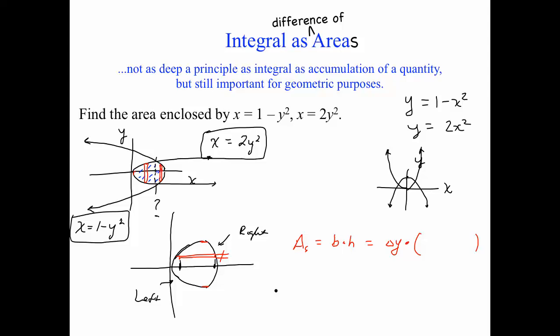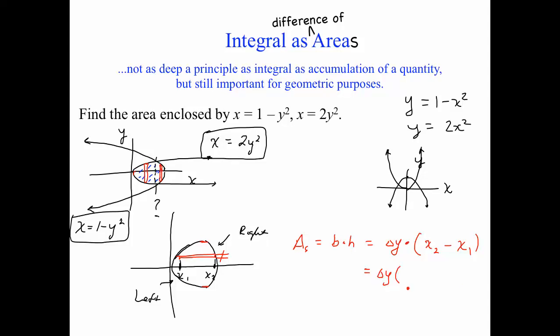What is that distance across, which I'm calling the height of this rectangle? y2 minus y1? Aren't these x values? They're going to be x now. It's going to be x2 minus x1. But if it's delta y, I've got to write x in terms of y. But that's exactly what we were given, right?